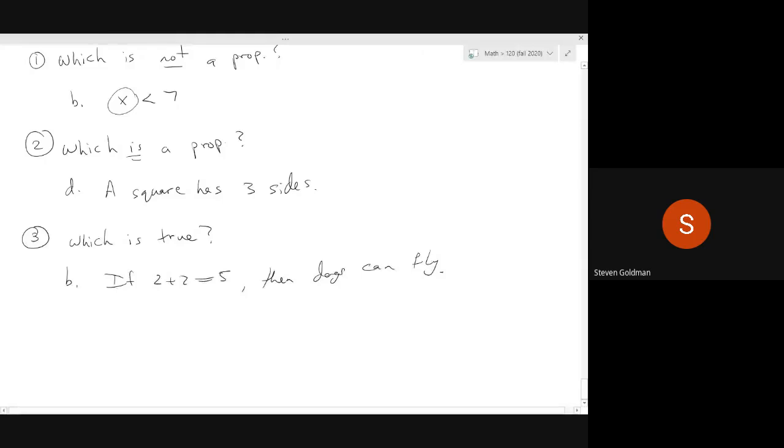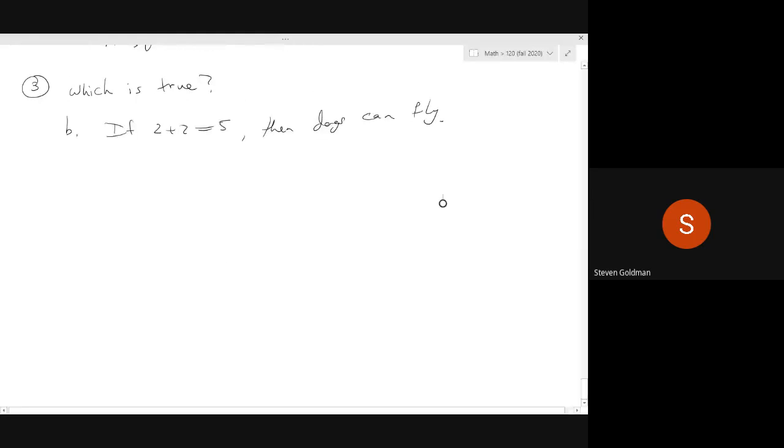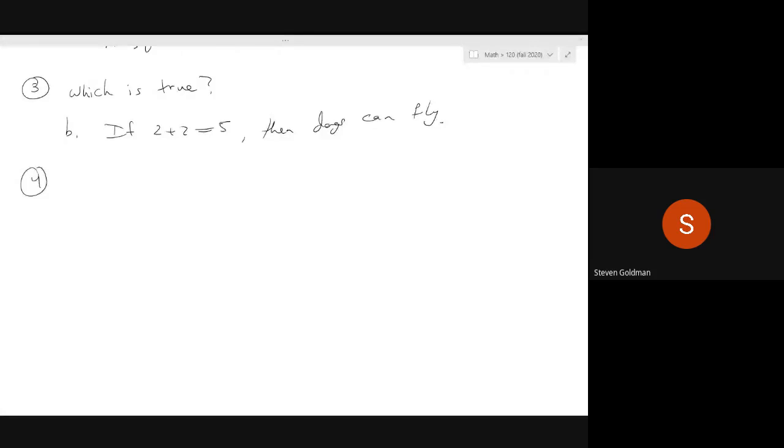All right, moving on to number 4. Which of the following is the inverse of the proposition: if the fruit is ripe, then I will eat it?